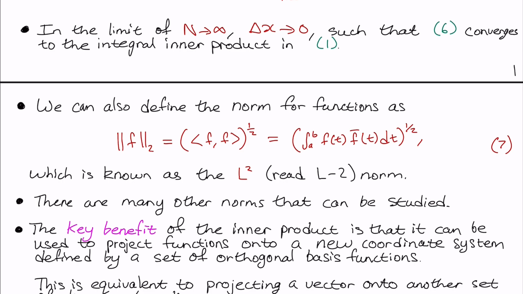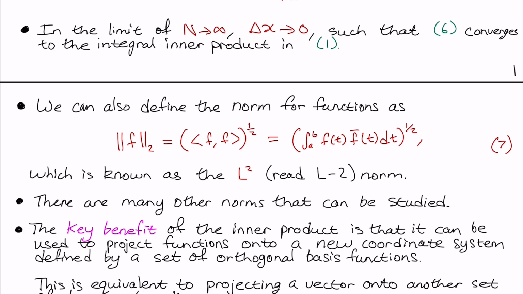You can define a similar norm for discrete systems or discrete signals. And this is not the only norm that exists. There are many, many different types of norms that people use. We are not going to study them in general; we're just giving a general overview of this stuff.